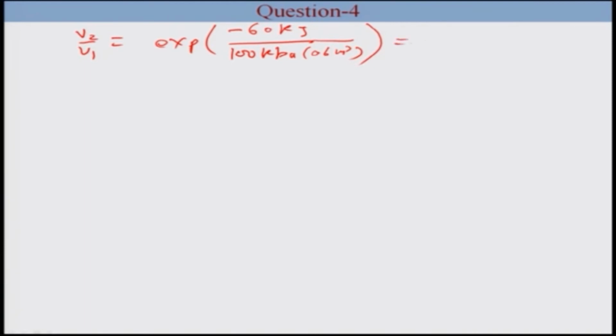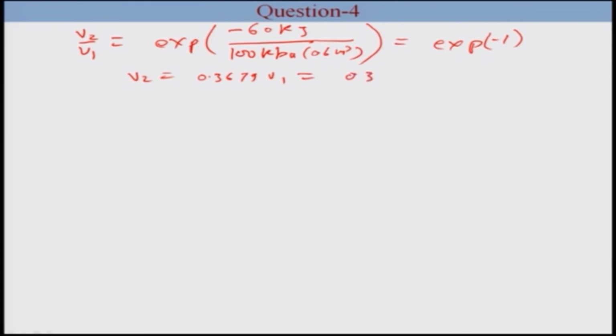This gives exponent of minus 1. So from here V2 will be equal to 0.3679 times V1, and V1 is 0.6 meter cube.